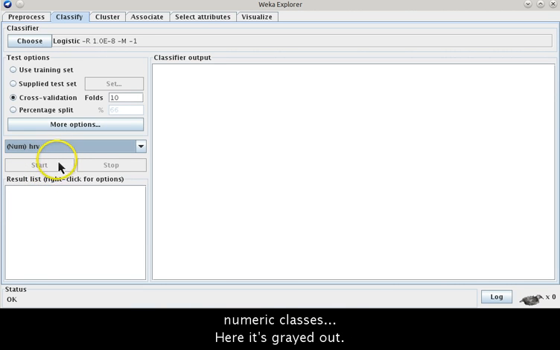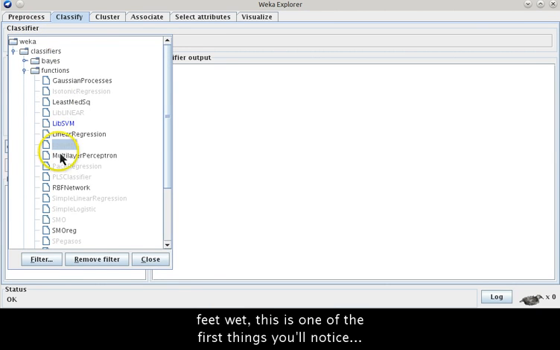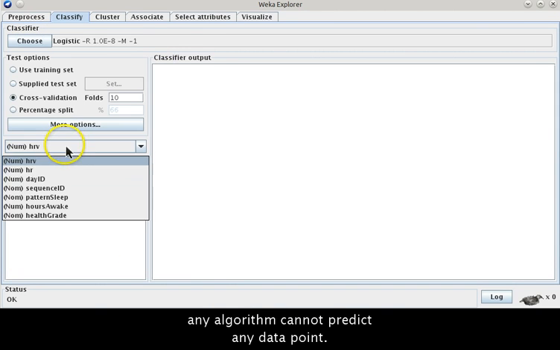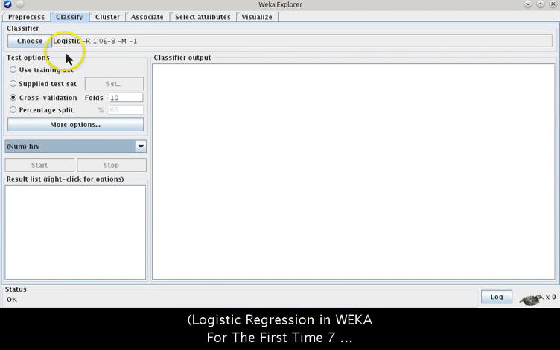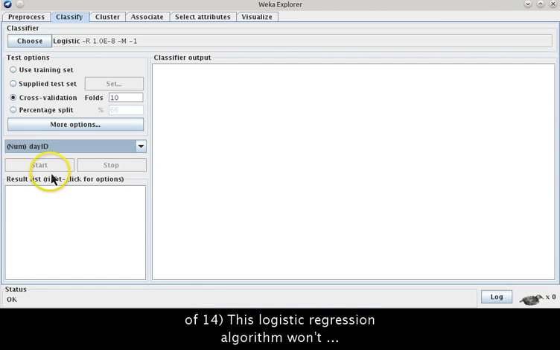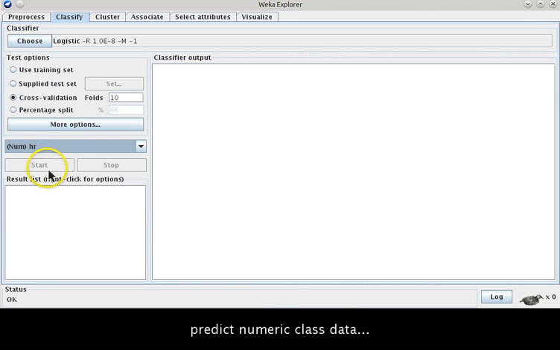Here it's grayed out, but when I did it, there was an error and it said cannot handle this type of class. So in Weka, when you get your feet wet, this is one of the first things you'll notice. Any algorithm cannot predict any data point. This logistic regression algorithm won't predict numeric class data, but it will predict nominal class data.